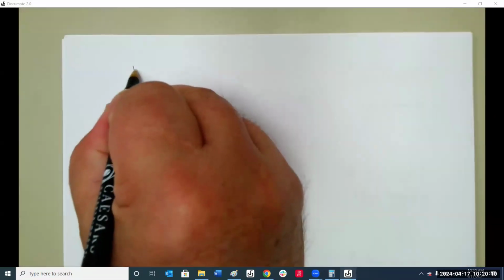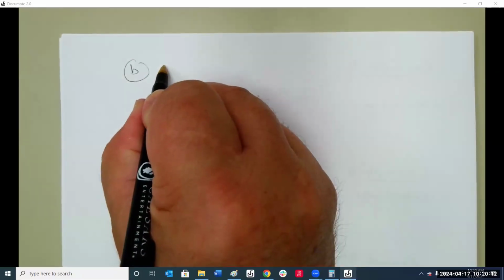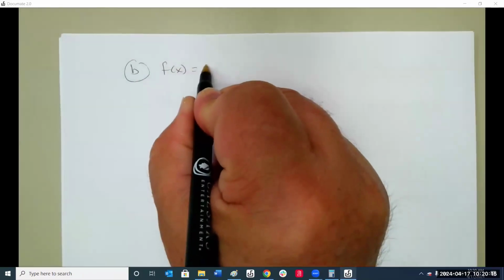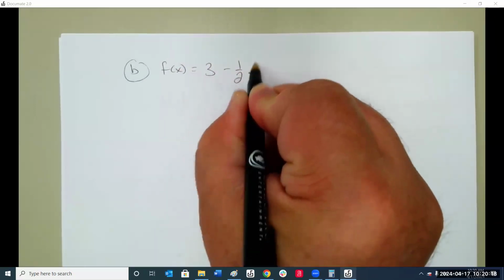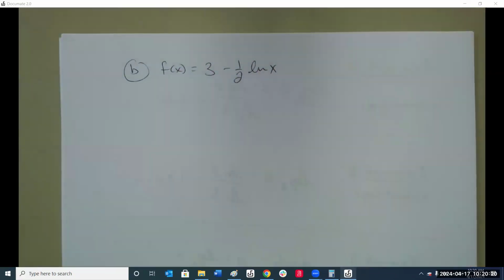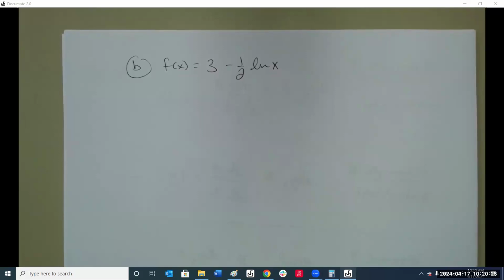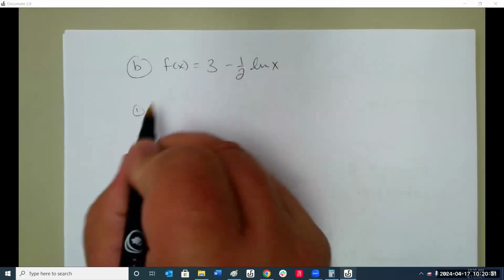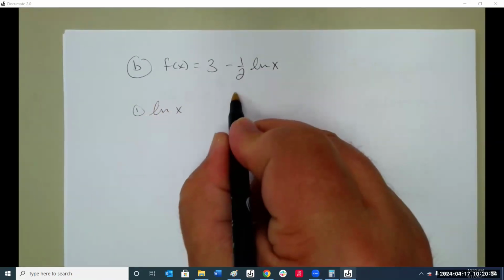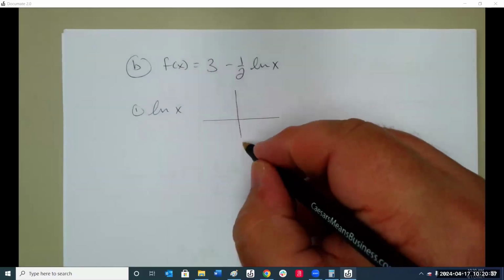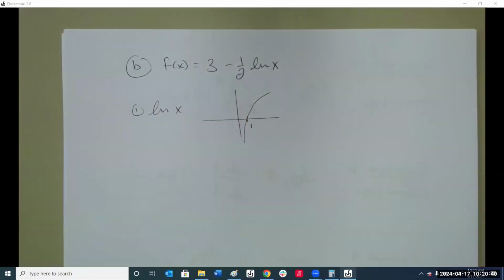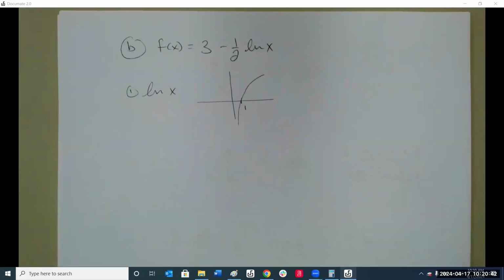This will get B. f of x equals 3 minus 1/2 ln x. So let's look at the transformations that are happening here. What's the original function we're graphing? Ln x. It looks like this. What's the next thing it does?